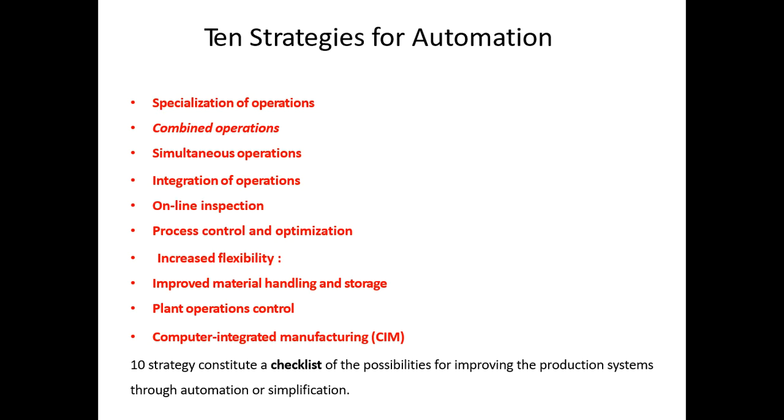So the ninth strategy is plant operation control, which is used for managing and controlling the equipment, facilities and systems in industrial and manufacturing processes. Its implementation usually involves a high level of computer networking within the factory. And the last strategy is computer integrated manufacturing. It is one level higher than the plant operation control strategy, where it integrates the factory operations with the engineering design and business functions of the firm.